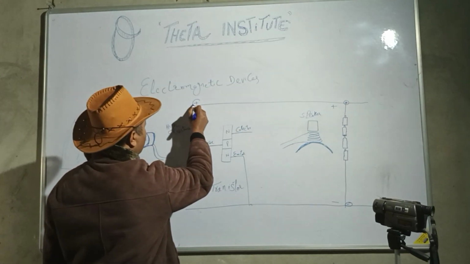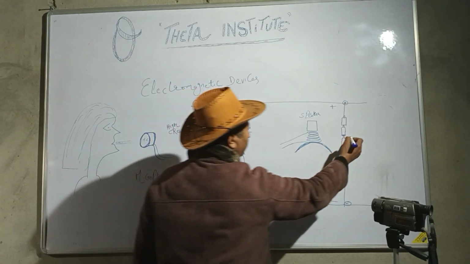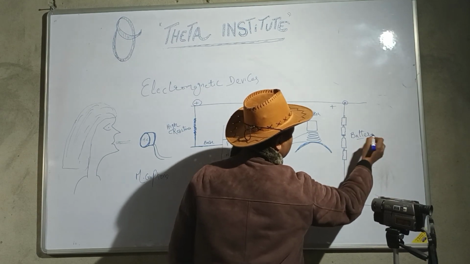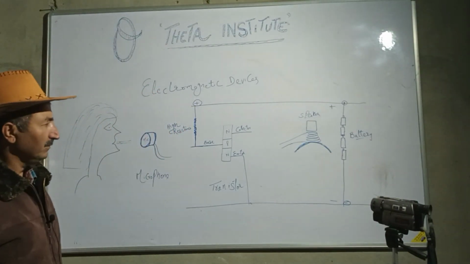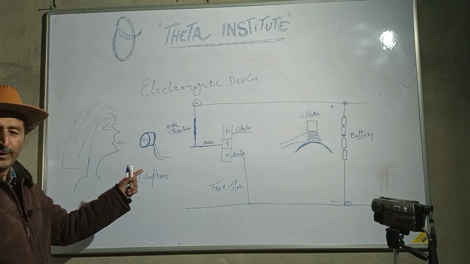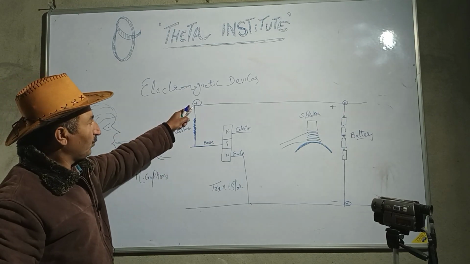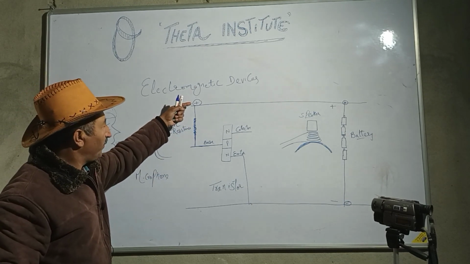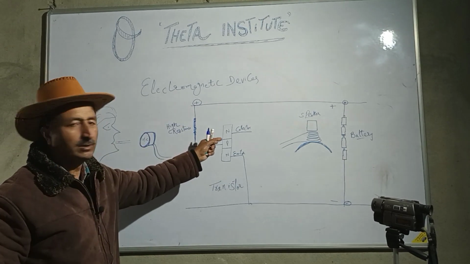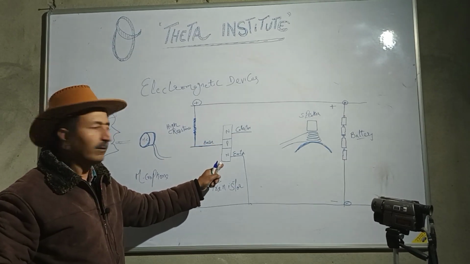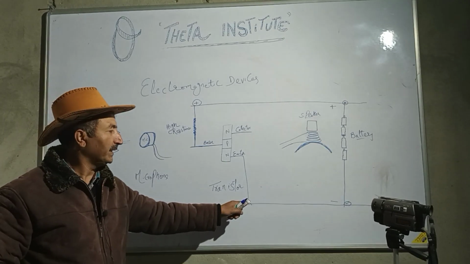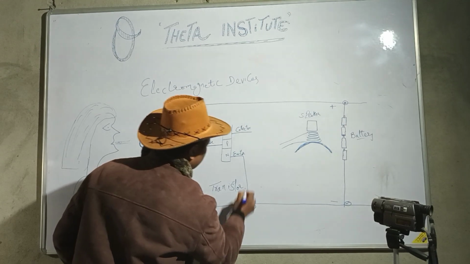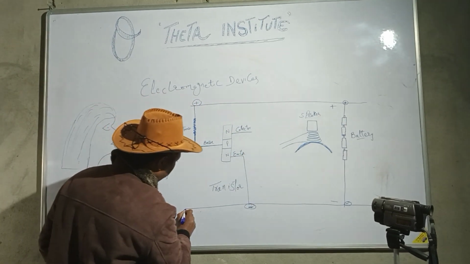This is positive already from here, battery. We have connected the base to positive terminal through a high resistance, so that only a small part of positive voltage goes to base. But we have connected emitter directly to the negative terminal, minus. This is negative wire.